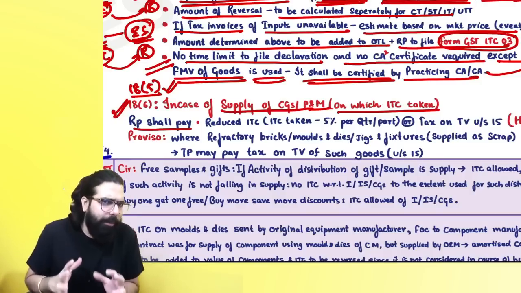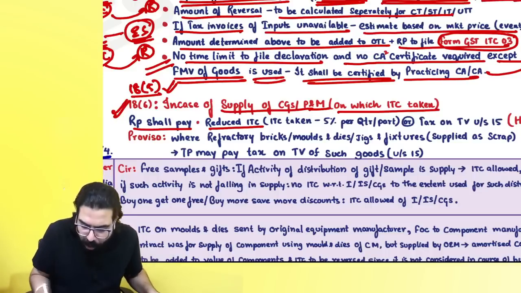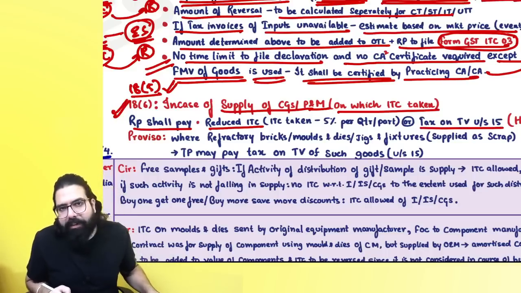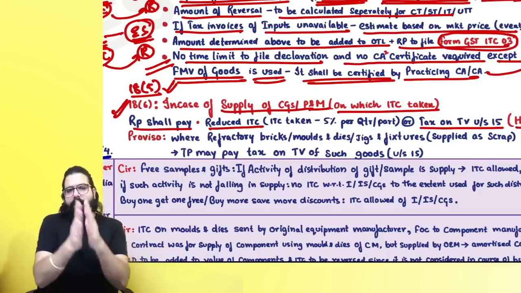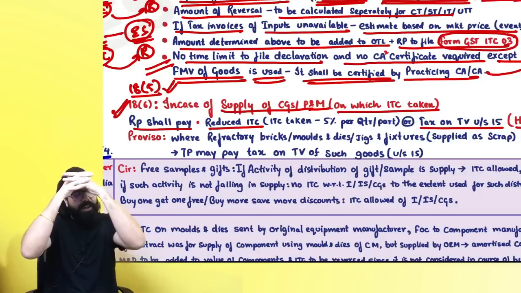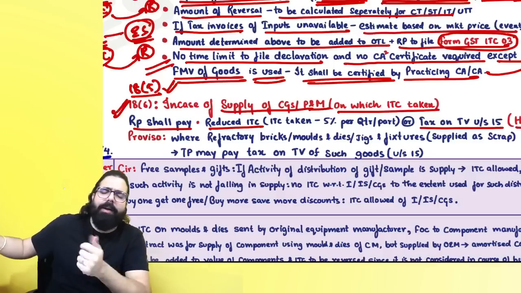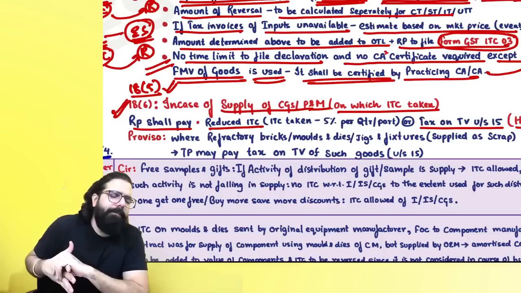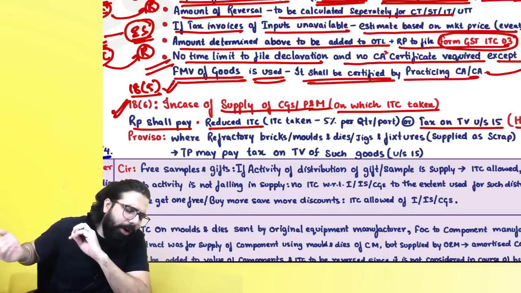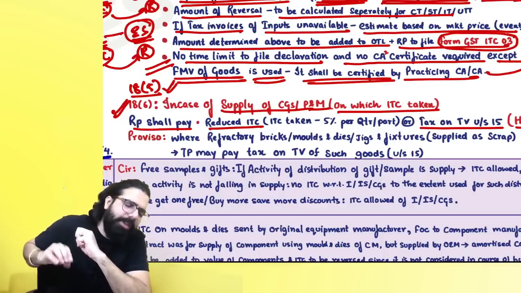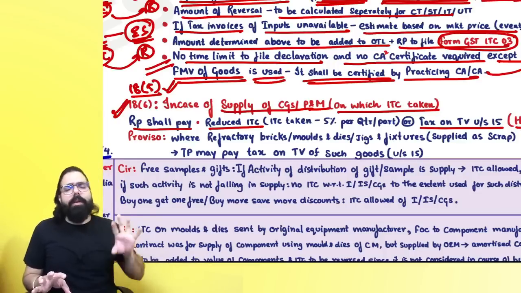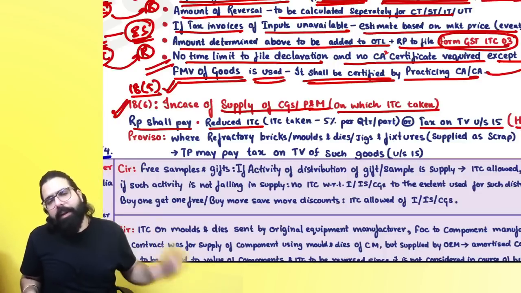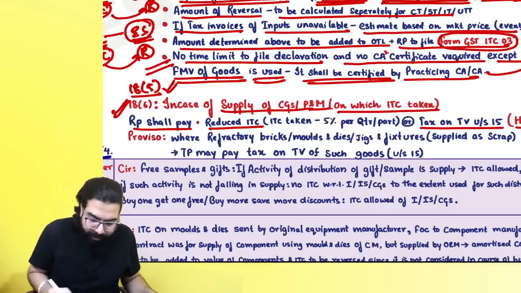You will get the reduced amount of credit, or pay the GST that comes on the sale value, whichever is higher. Remember, for capital goods and plant and machinery being sold, the ITC minus 5% per quarter or part thereof, whatever is the remaining amount, or the GST on the sale value, has to be paid, whichever is higher.